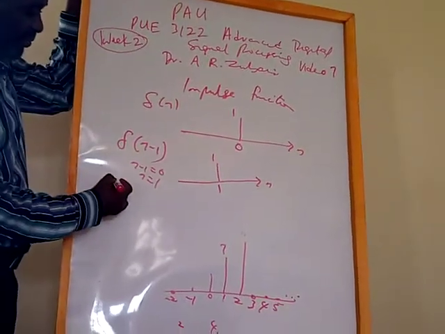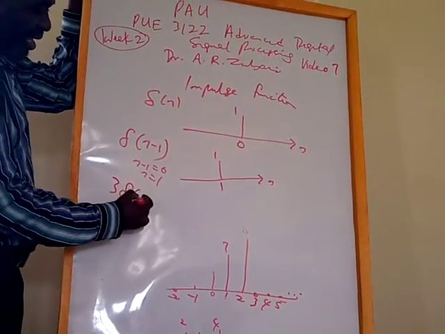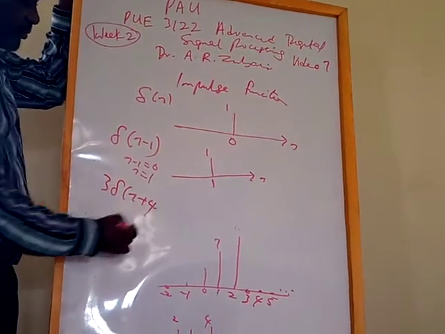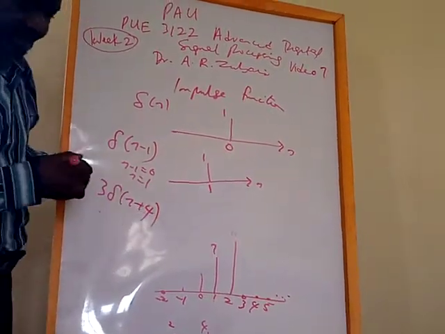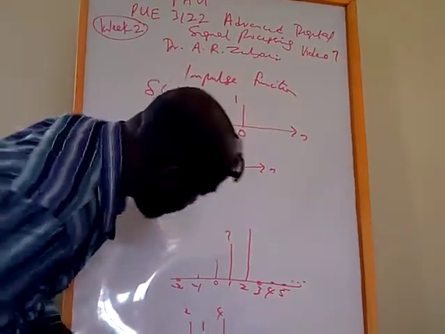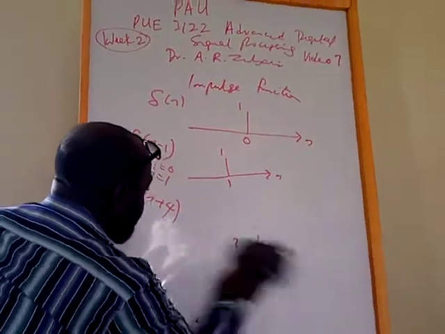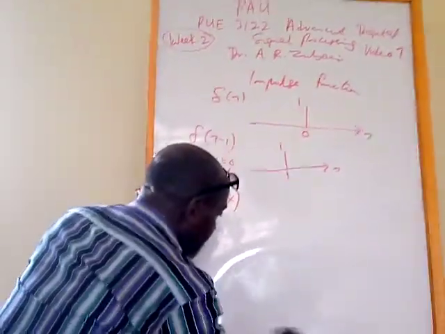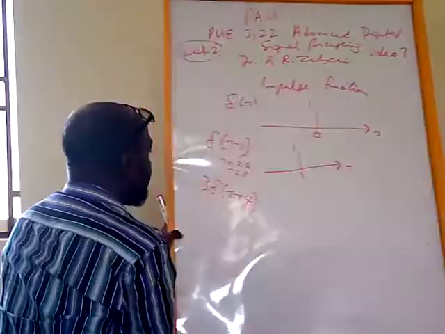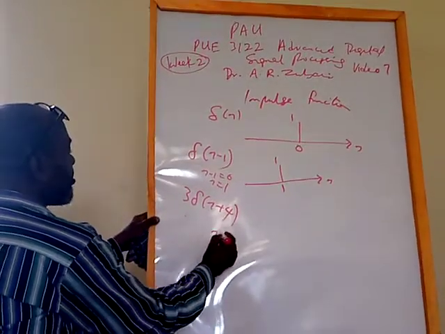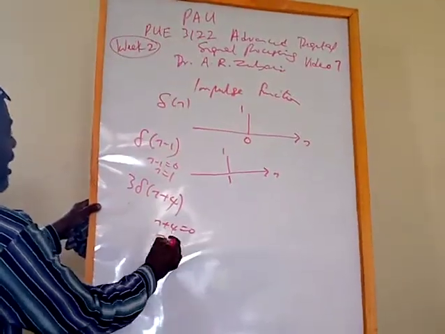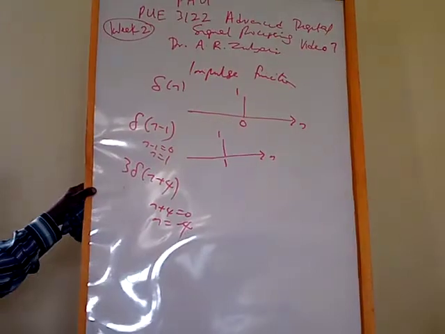If I give you 3 delta of n plus 4, what will this mean? First take n plus 4 equals 0, n equals minus 4. What are we saying?